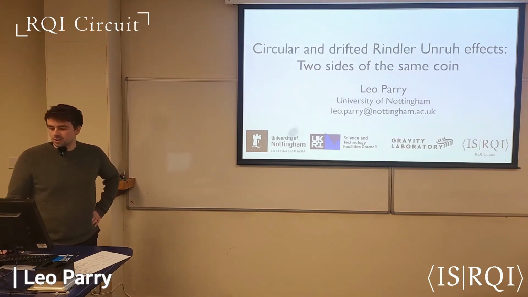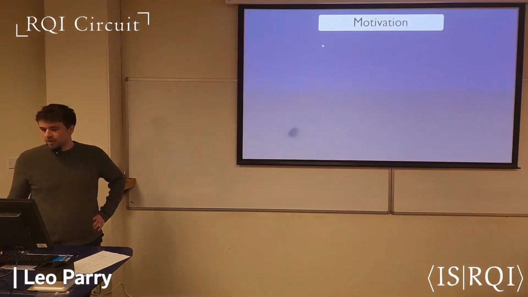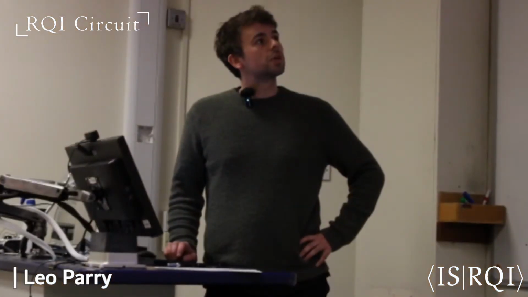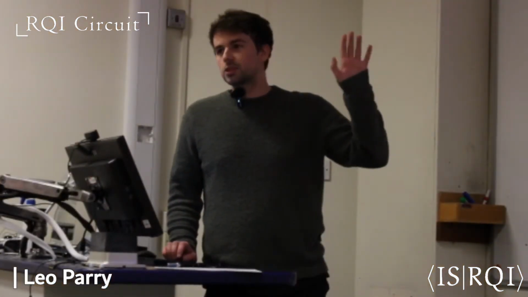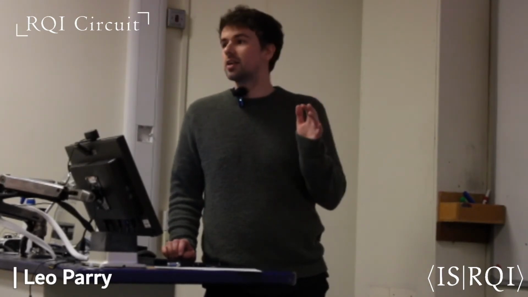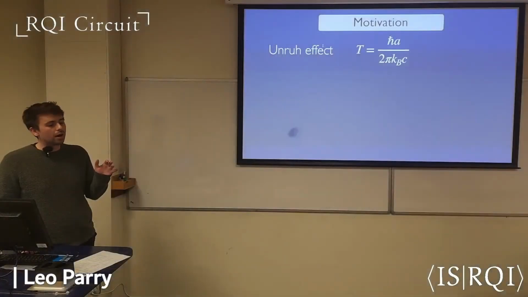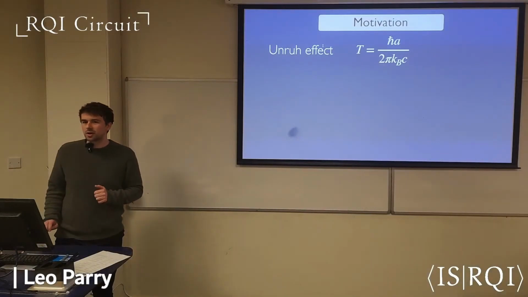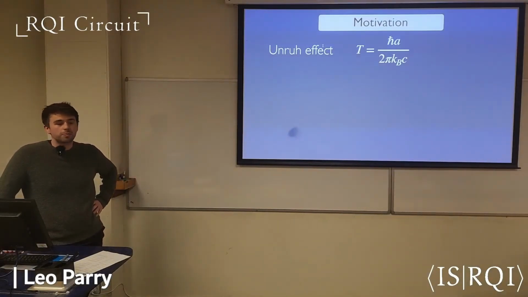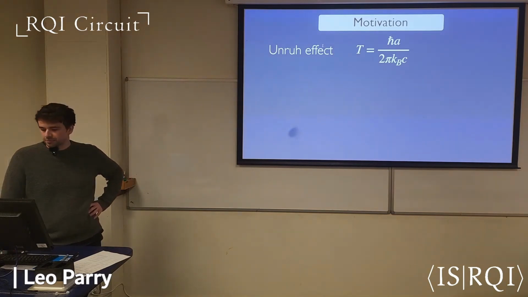Okay, so I want to begin with some motivation, why we're interested in the circular motion Unruh effect here. First of all, the traditional Unruh effect says that a linearly accelerated observer will experience the Minkowski vacuum as a thermal state with temperature which is proportional to the observer's proper acceleration.